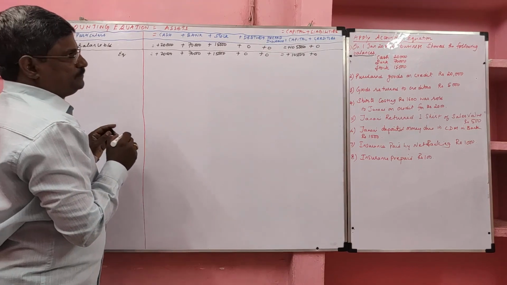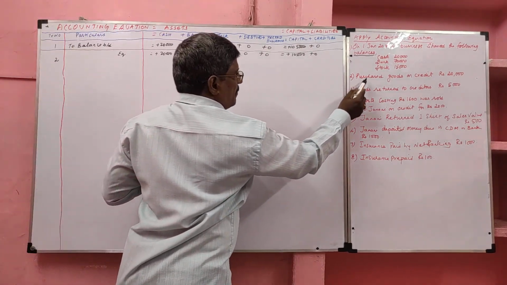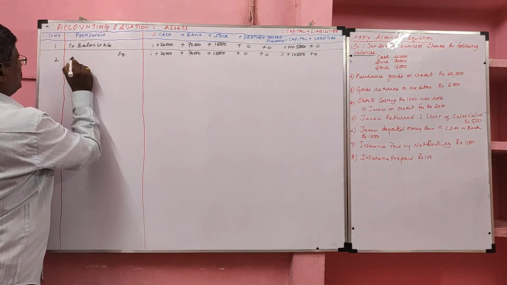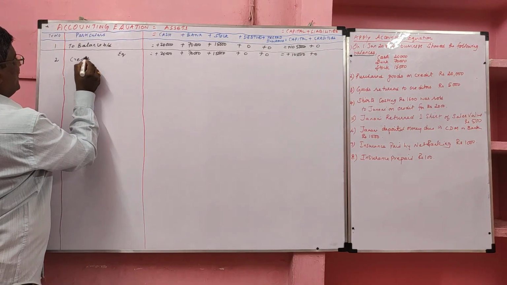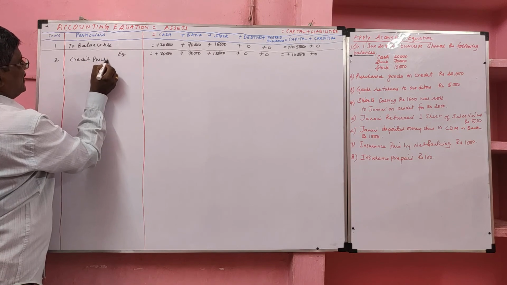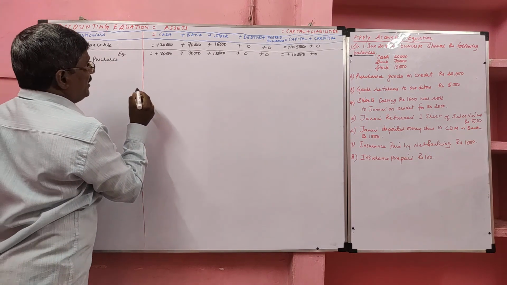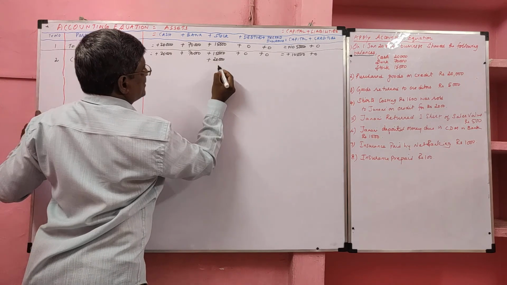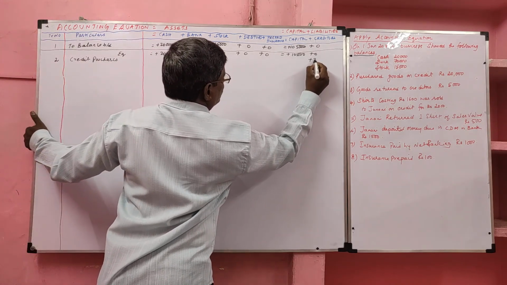Transaction 2. Purchased goods on credit for rupees 20,000. We bought goods on credit. So we can write it as credit purchase. When we buy goods on credit terms, stock level increases, our creditor also increases.